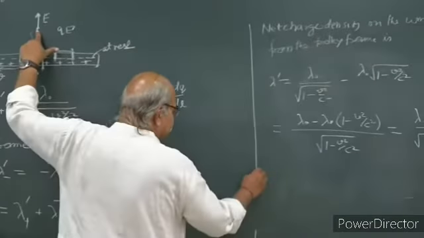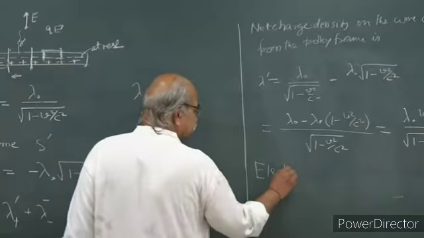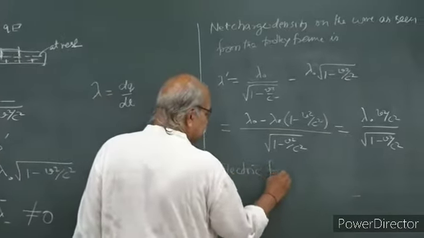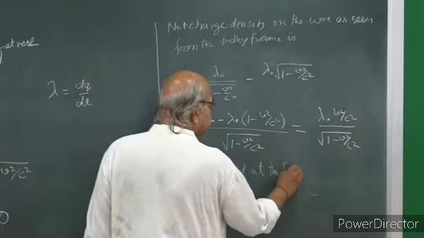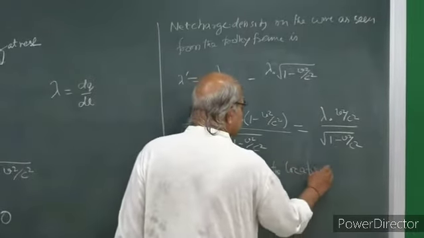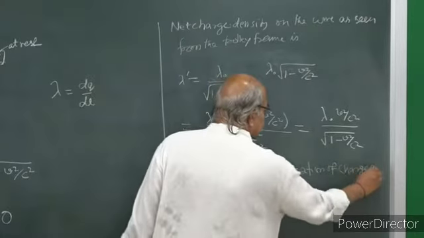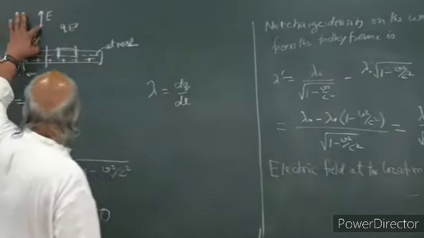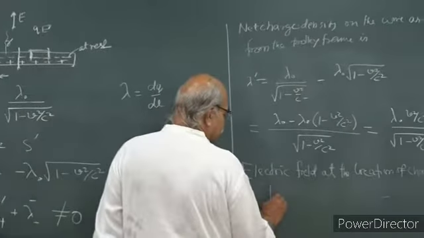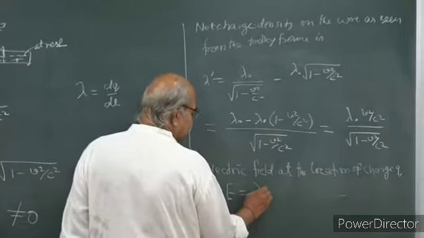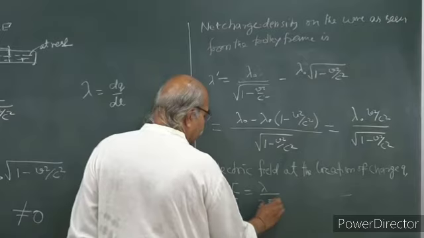So, that electric field at the location of charge q, which is at a distance r from this line, you know the formula, it is lambda divided by 2 pi epsilon naught r.